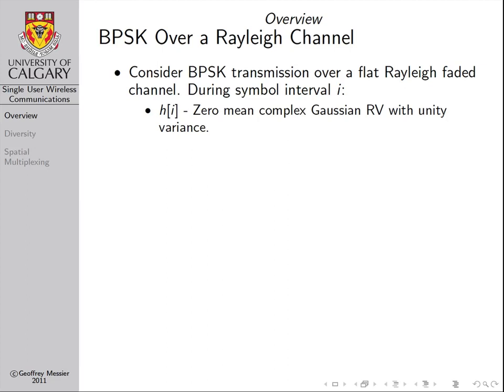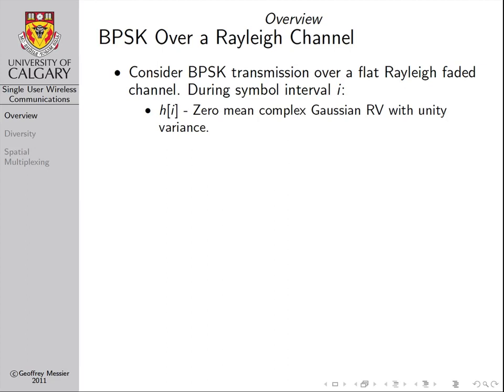And essentially what we're doing by setting the variance of h to unity here is neglecting that attenuation. And we'll see later on when we plot our bit error rate how we deal with that.